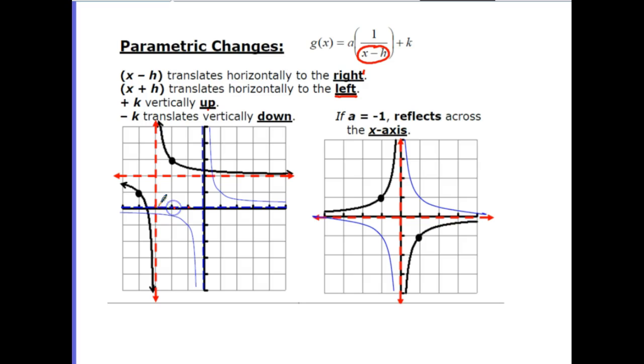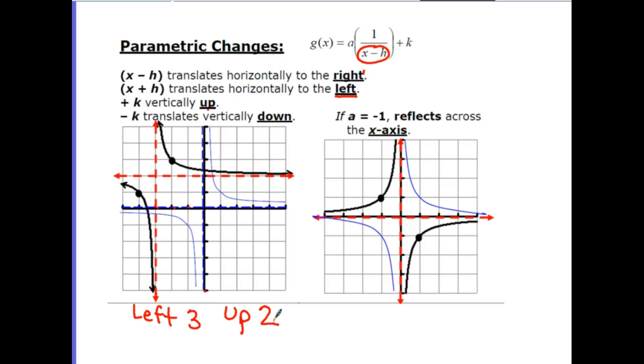It has an asymptote here for the parent graph, and an asymptote here for my transformed graph. So it has moved left 3. The parent graph has an asymptote here. This new graph has an asymptote there, so it's been moved up 2.